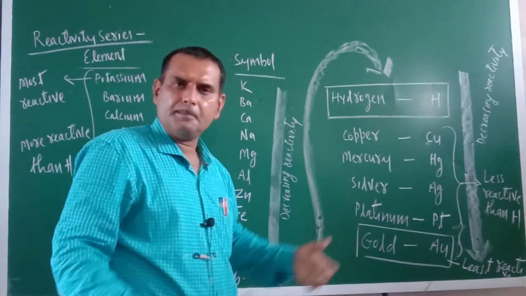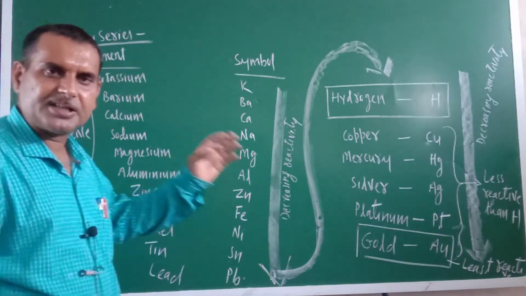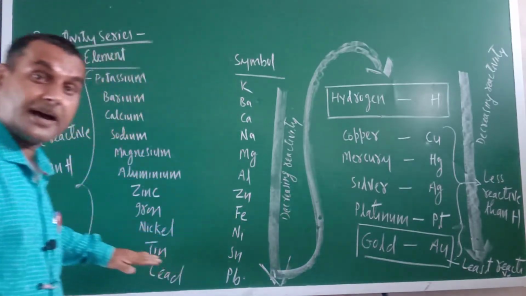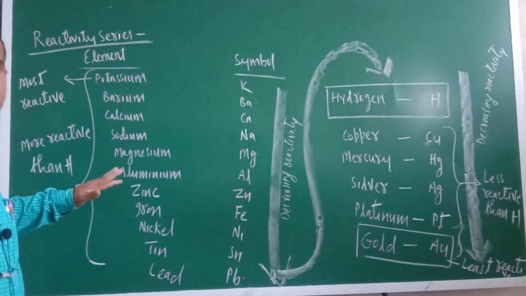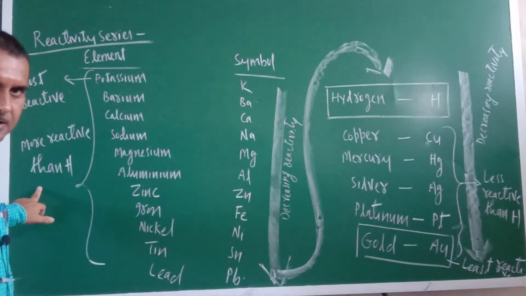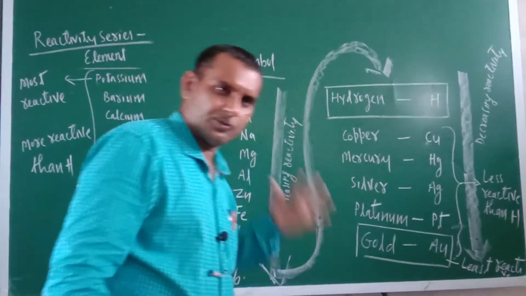Metals placed below hydrogen in the reactivity series are called less reactive metals. Metals placed above hydrogen are called more reactive metals. They are more reactive than hydrogen, or less reactive than hydrogen.